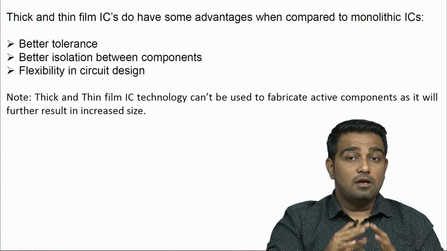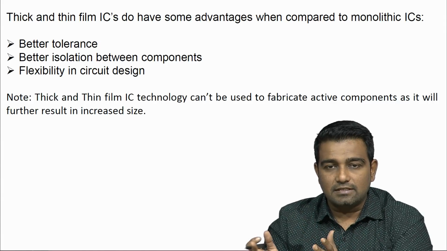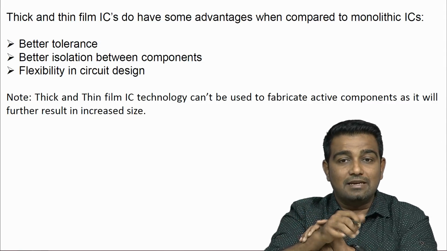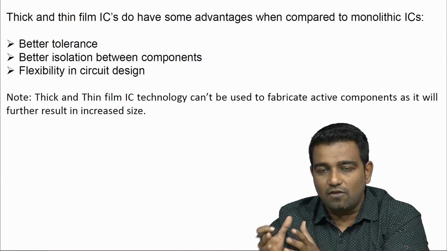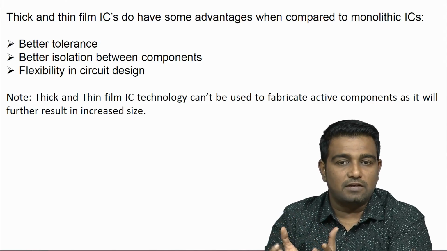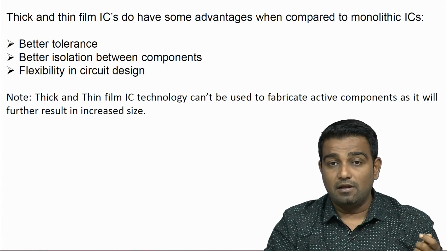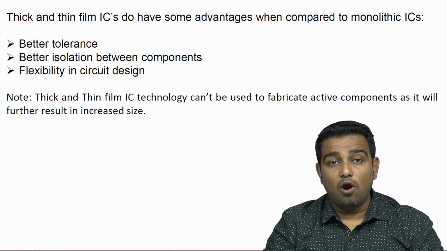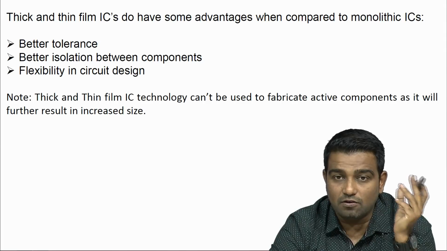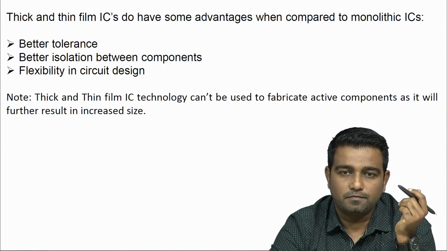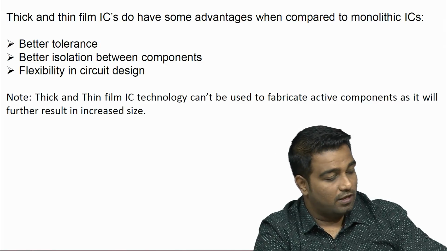So, if you have touch sensors, tactile sensors, force sensors and you want to wrap them on your skin, or you want to use those arrays of sensors as an electronic skin, then it should be flexible. This flexibility can be obtained using thick and thin film IC technology, while in case of monolithic it is not possible. So, these are the advantages of thin and thick film technology over monolithic ICs.